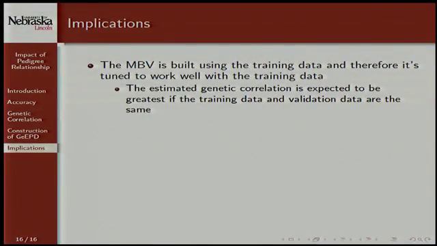So some of the implications. MBVs are built using training data. And as I said before, it's going to be tuned to work well with the training data. What we expect is that the genetic correlation, if somebody goes through and estimates that genetic correlation using their training data, which would be the first step that they would do, is where it's going to be the largest.